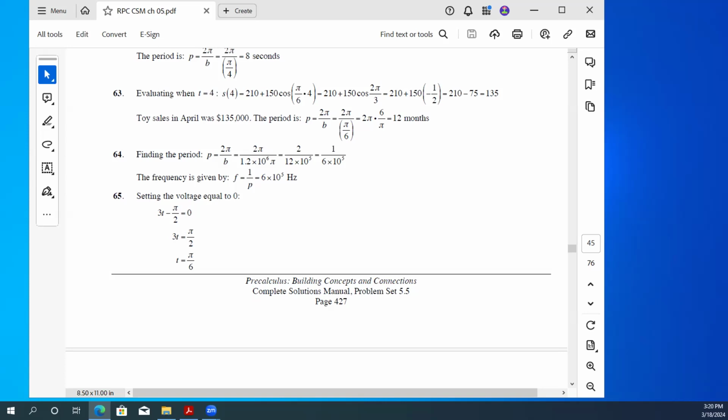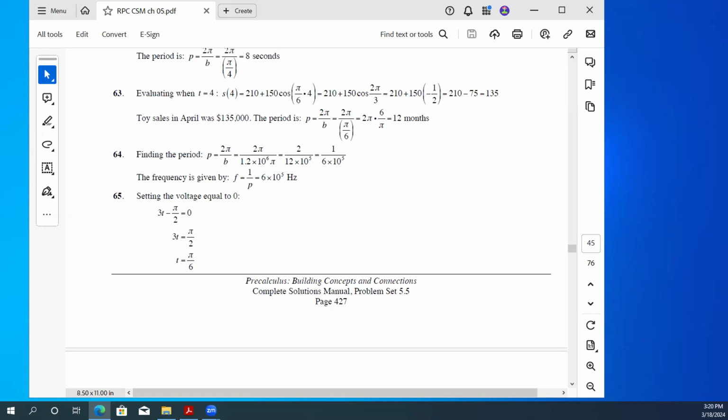Okay. And so this is extremely small, 0.00000167, but the frequency is equal to 1 over that. So it's really the reciprocal.